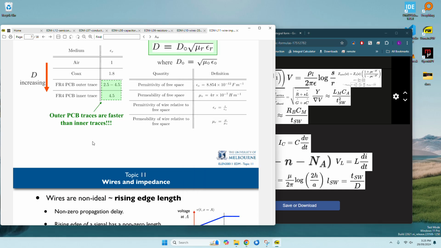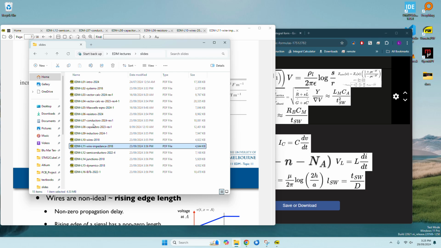This one here, this is inductance. This is all to do with, I did say that we would go over this real quick.